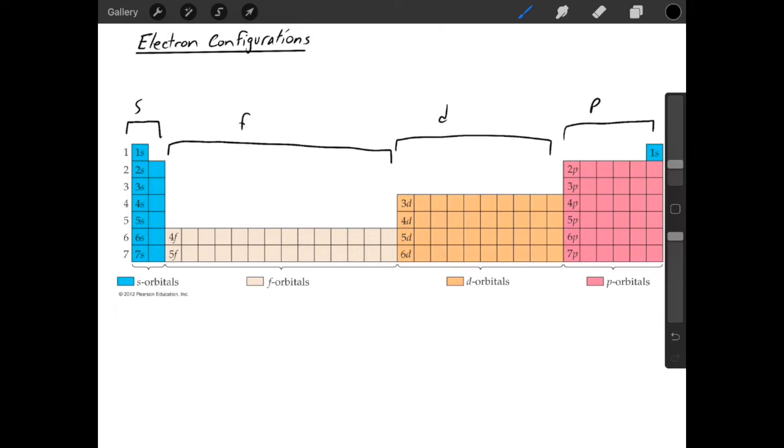So we can make this a little bit more clear by putting example elements in. So we'll look at hydrogen, and we'll look at carbon, and we'll look at titanium.